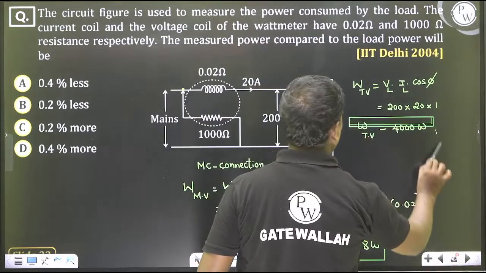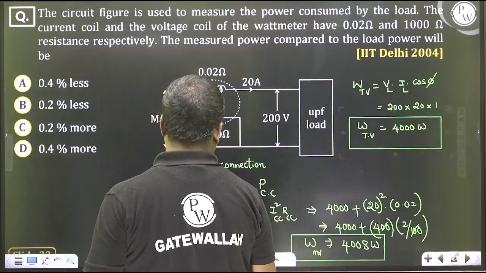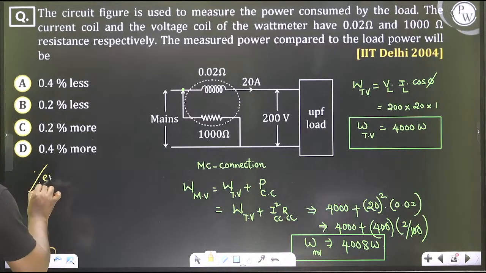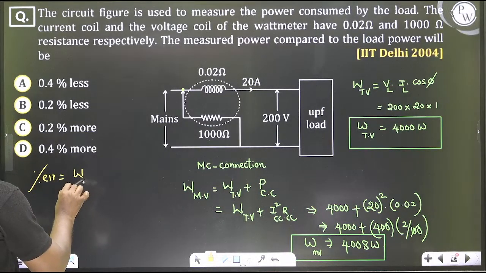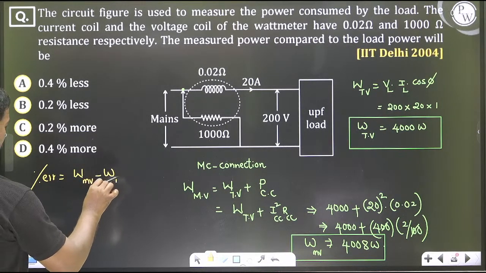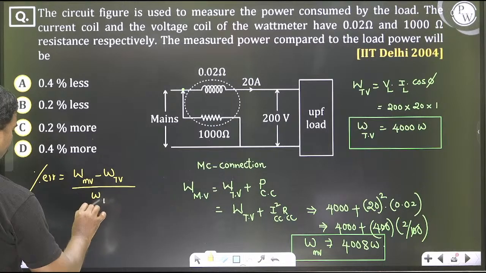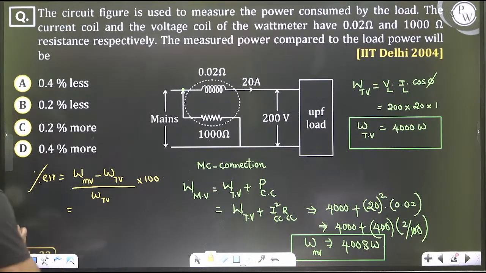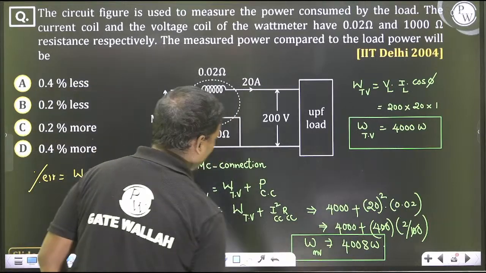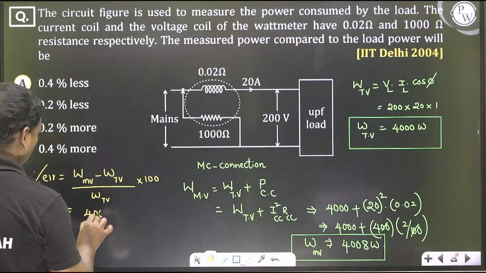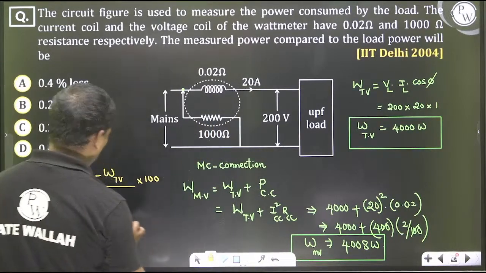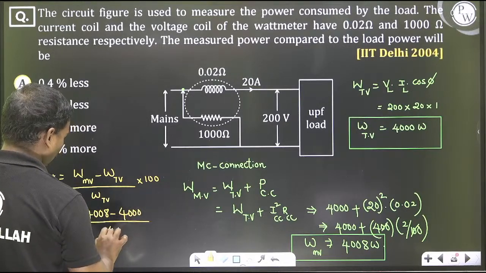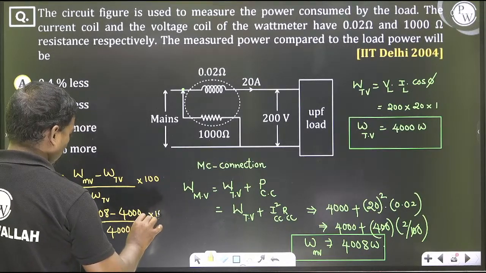So this is a true value. So what is the percentage error? Percentage error is measurement value minus true value by true value into 100. So if you see, this measurement value is 4008 watts. 4008 minus 4000 divided by 4000 into 100.